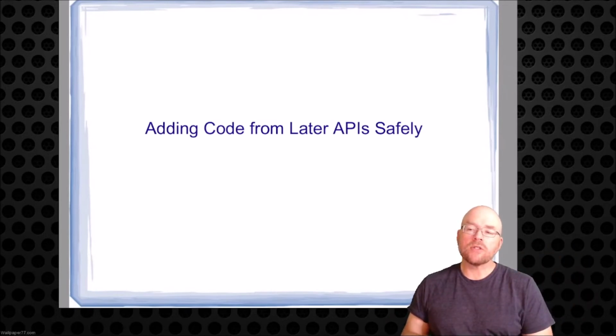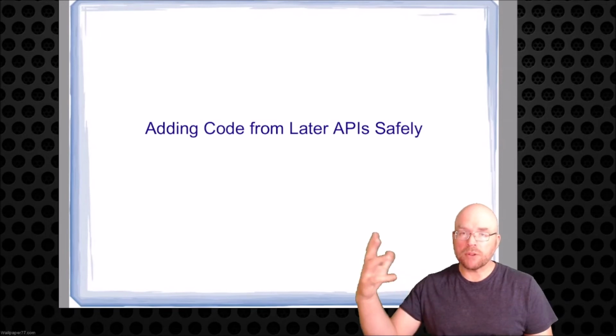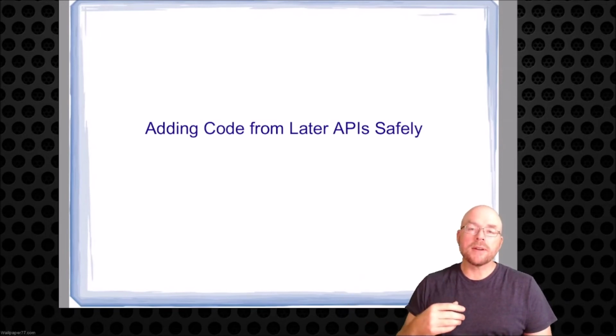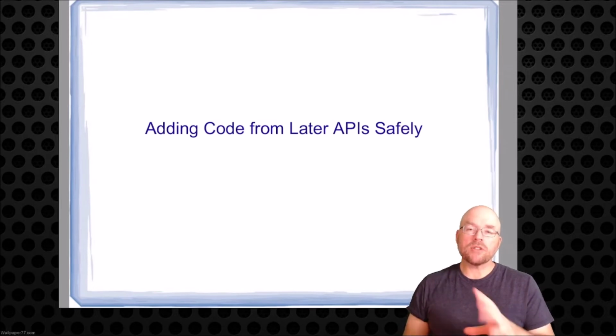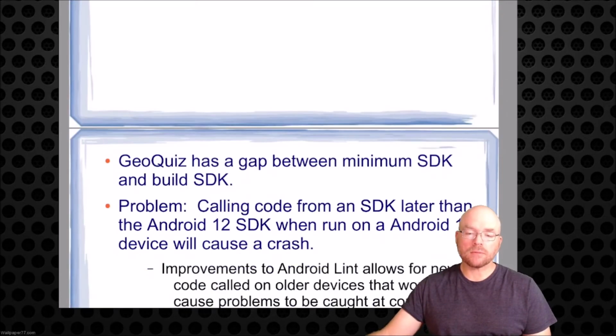It could be that there's that super cool feature in API 28, but if somebody running API 20 executes that feature, it'll crash them, and you want to make sure that doesn't happen. You want people using more recent versions of Android to be able to use your cool feature, but you don't want to kill people who can't use that feature because they're still on older versions of Android. How do you do that?